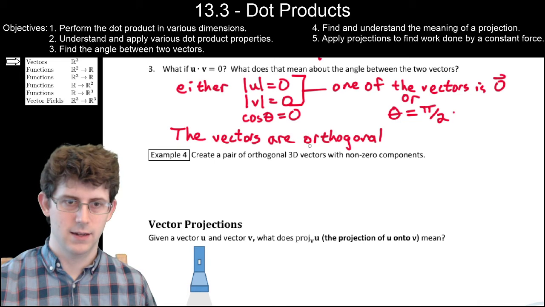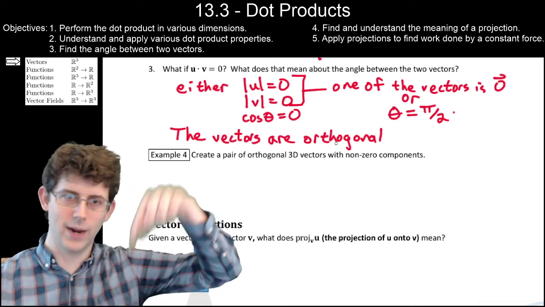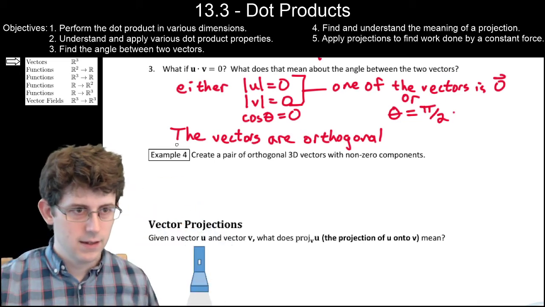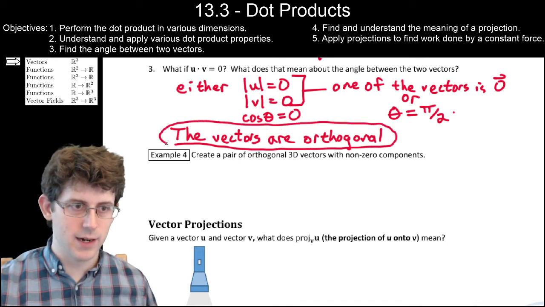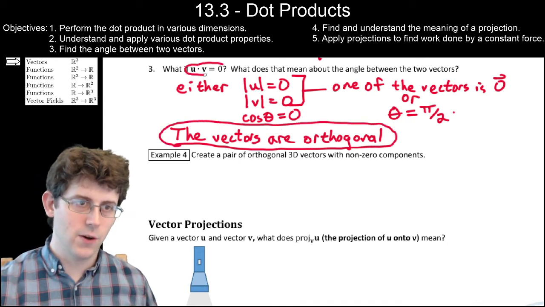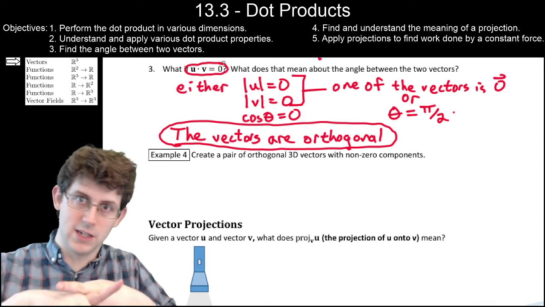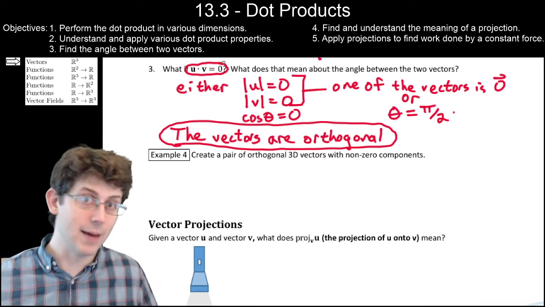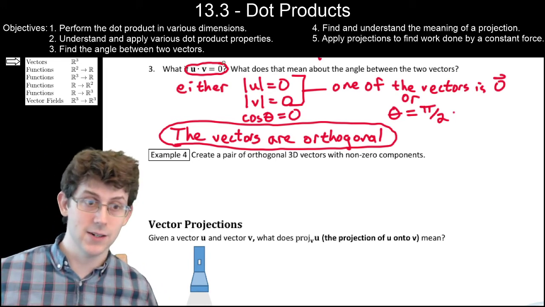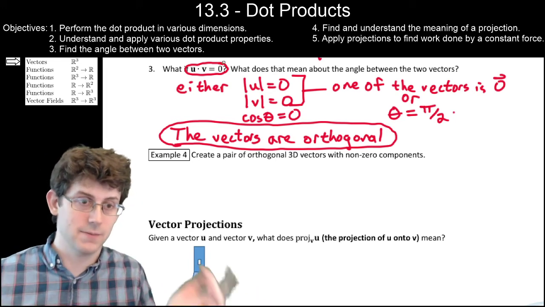Ortho is like right, like straight, like right angles. So this is the most common use of the dot product. If you ever want to show that two vectors are perpendicular to each other, called orthogonal, then you'll use the dot product. If the dot product comes out to 0, you've got orthogonal vectors.